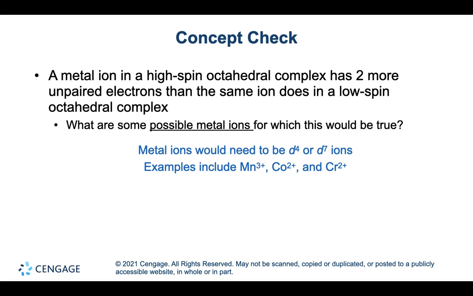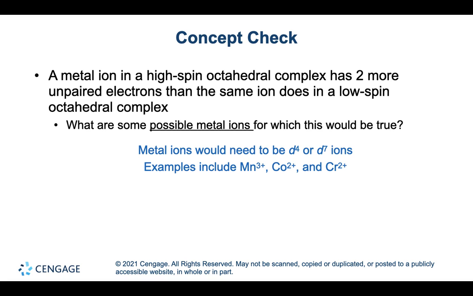d7 would also work because you would have 2 pairs in the T2G and then singles in the T2G and singles in the EG for the high spin case.